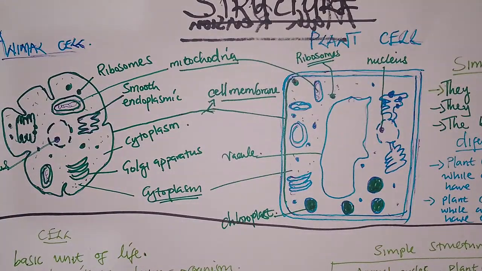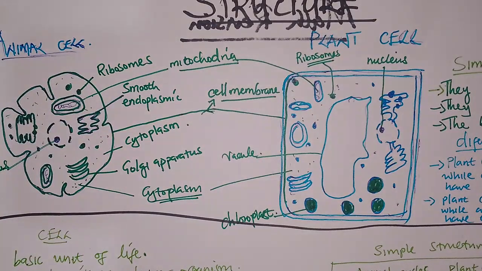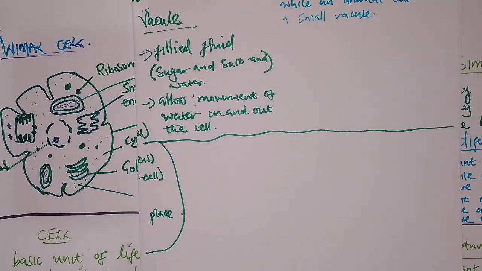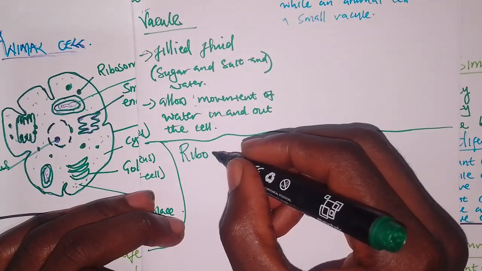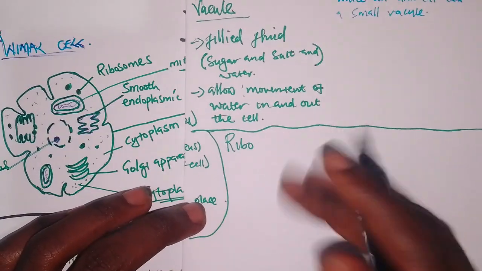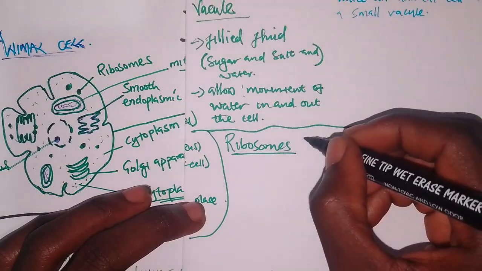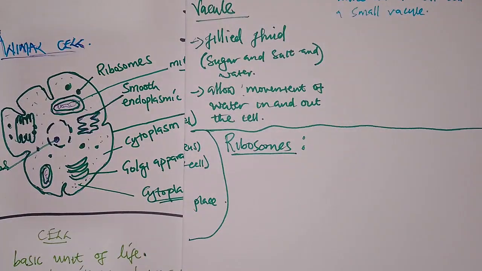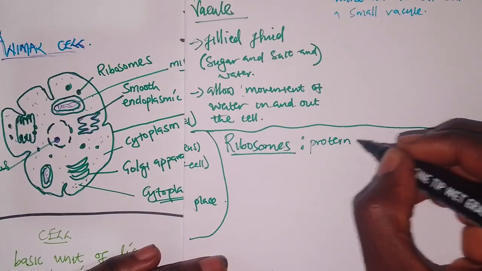So ribosomes, these are small round structures, as you can see. This is where protein synthesis takes place. So when we talk about ribosomes, we are saying that this is where protein synthesis takes place.